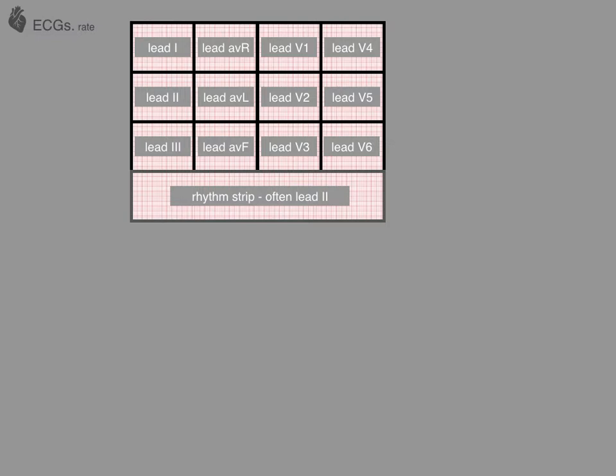So you will see your 12 leads printed across, each of these reading for 2.5 seconds. Then along the bottom of the ECG you have a rhythm strip. This is often reading lead 2. This rhythm strip reads across the whole 10 seconds of the ECG.